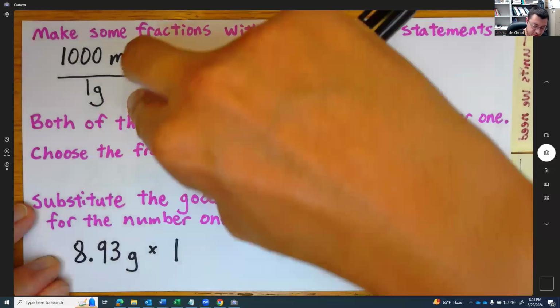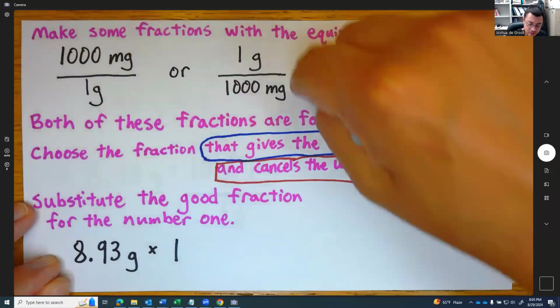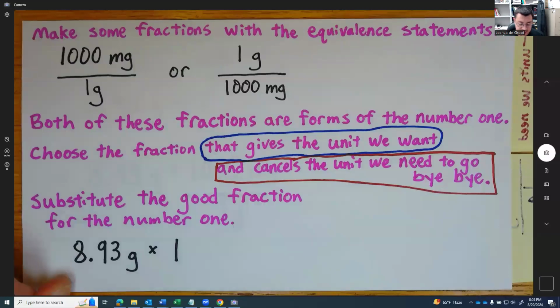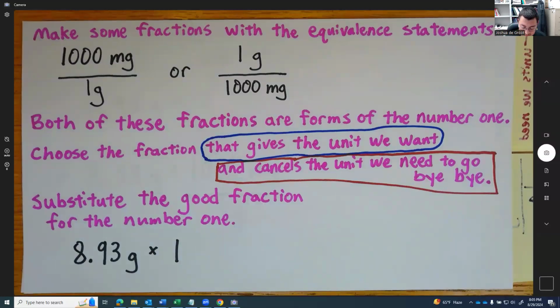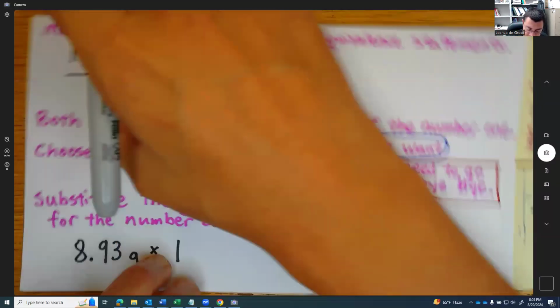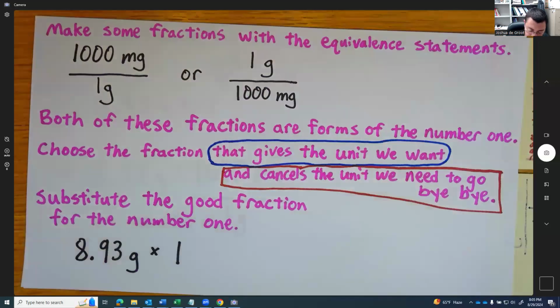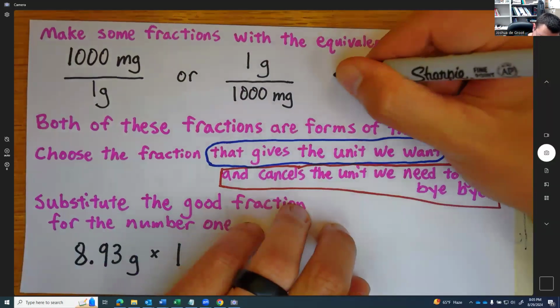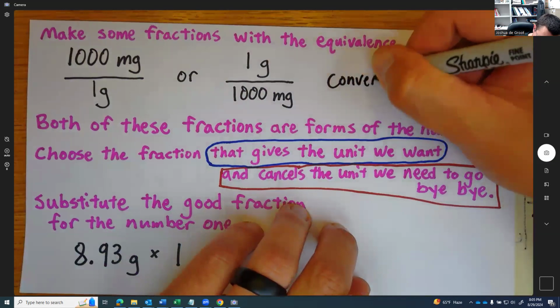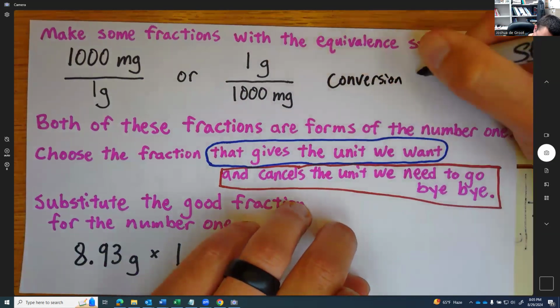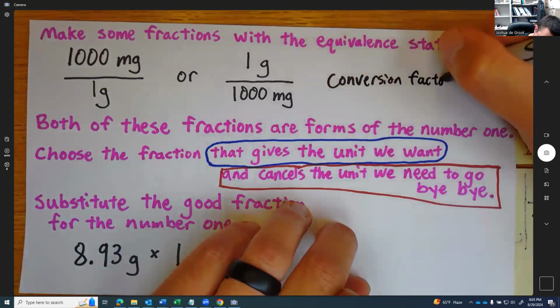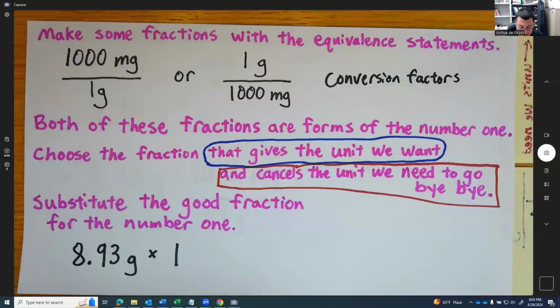We could just flip them and we would get 1 gram over 1,000 milligrams. And when we make something like this, these are called conversion factors. These are both conversion factors.